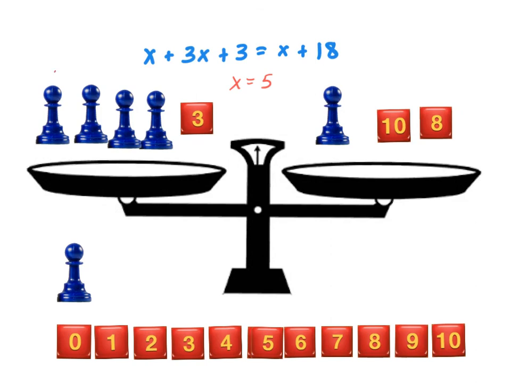I'm plugging in a 5 for every x, and then adding up each side. So I have 5, 10, 15, 20 plus 3 gives me 23. And on the right-hand side, 5 plus 18 is 23. So I've confirmed that my equation is balanced when x equals 5.